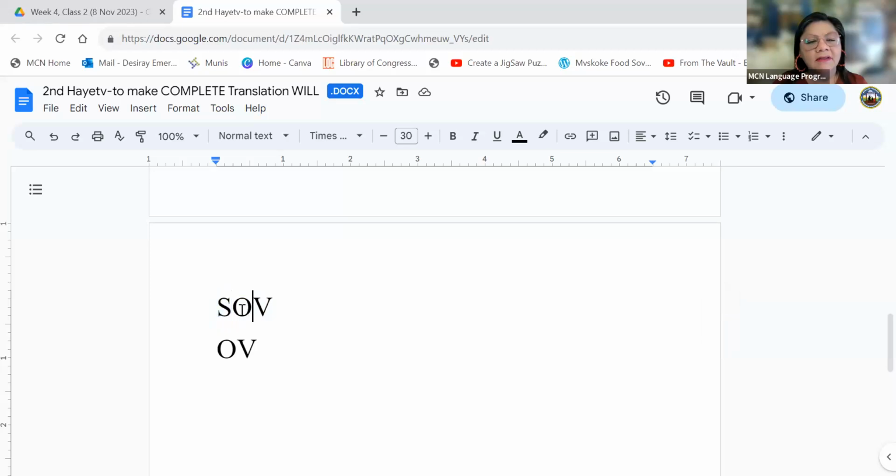The dog, the cat, chasing. That would be how the sentence would be in Muskogee. But then in English you would say the dog is chasing the cat. You would flip it differently for English.